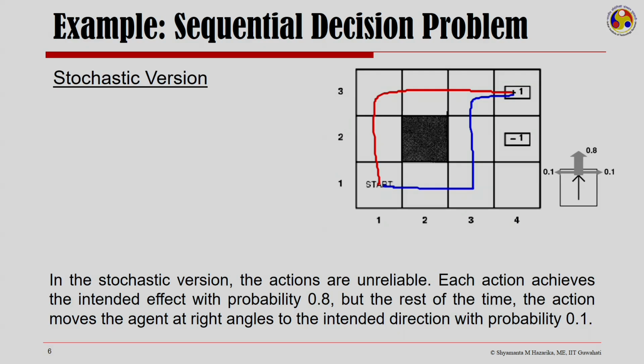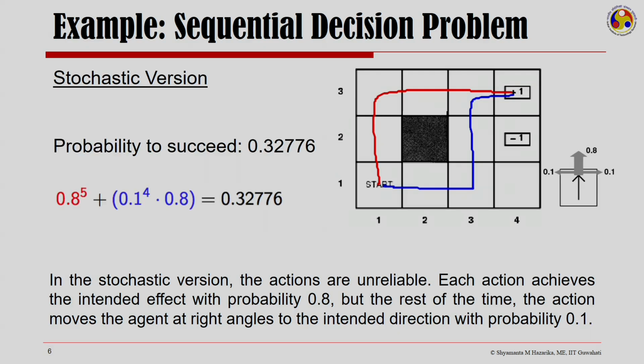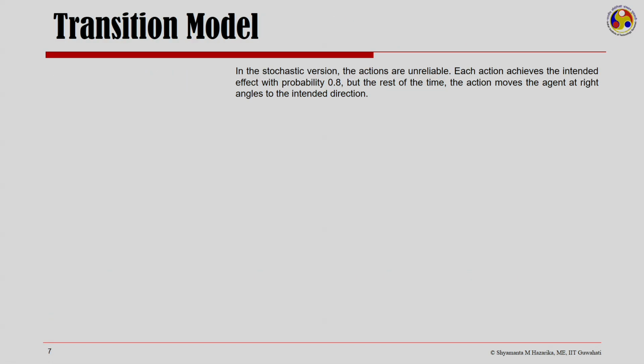If I now compute the probability of success by taking the one version, which is marked in red, or a very unlikely other version, which is marked in blue, the total probability of success would be 0.32776.